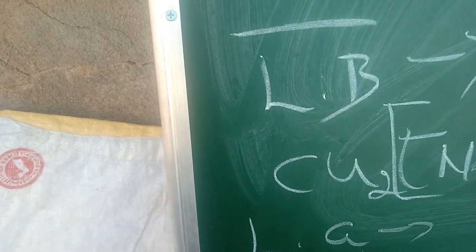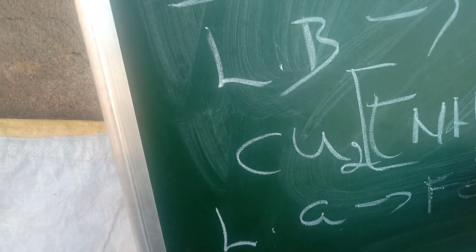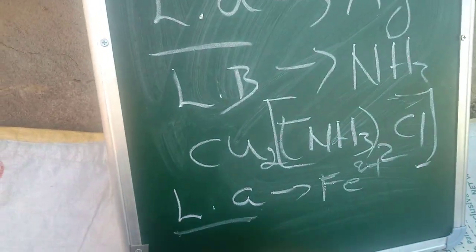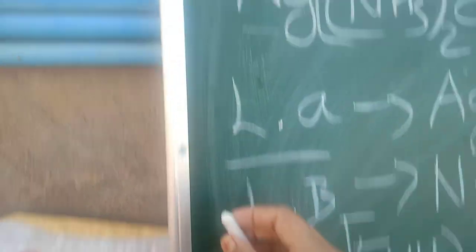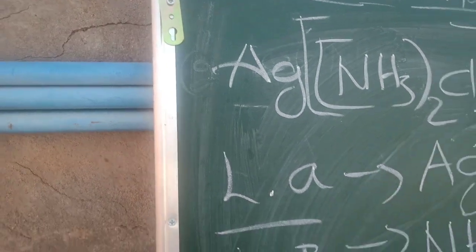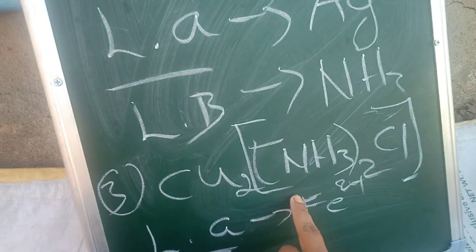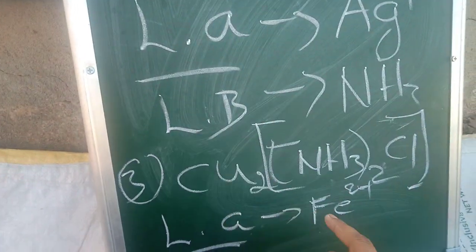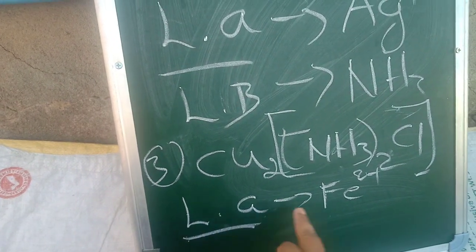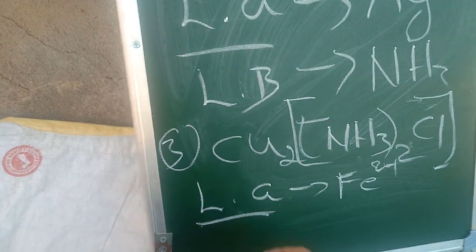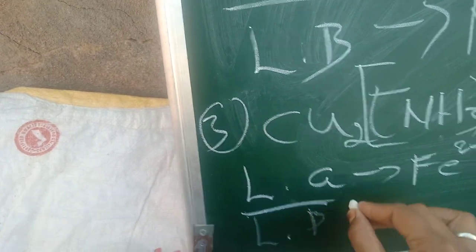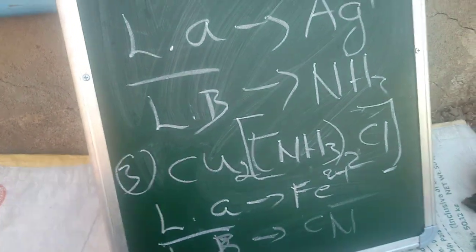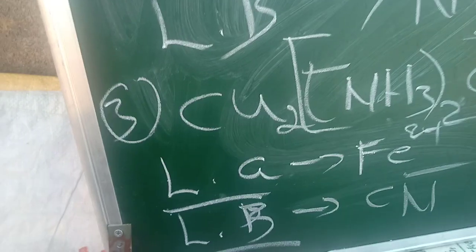In this coordination complex, the Lewis acid is Fe2+. What about the Lewis base? The cyanide ion, CN minus, is acting as the Lewis base.